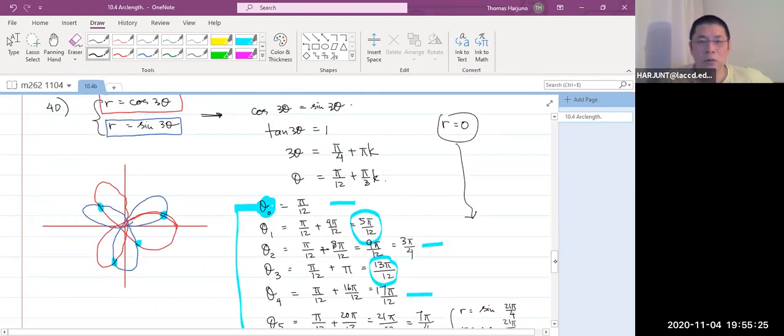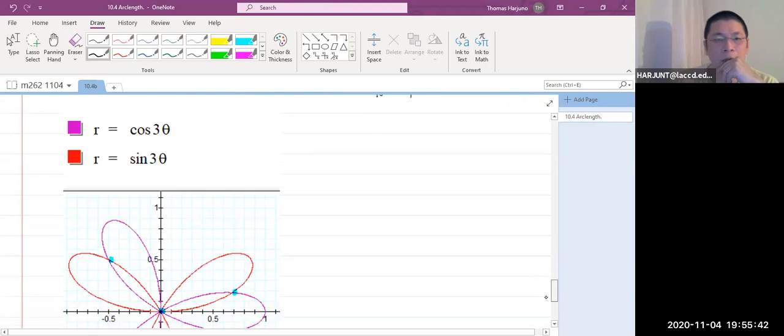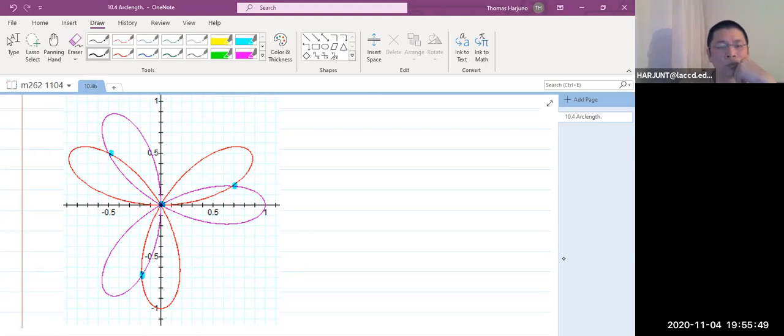Tangent, that's correct. Yeah, the thing is, again, I only identify 4 here. I only identify 4 of them. I wonder what mistakes I made.